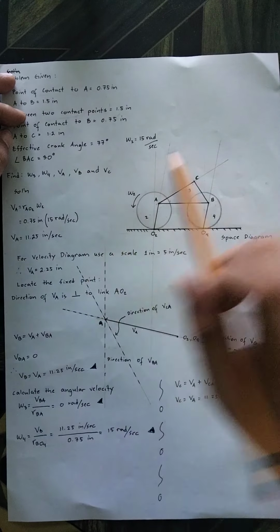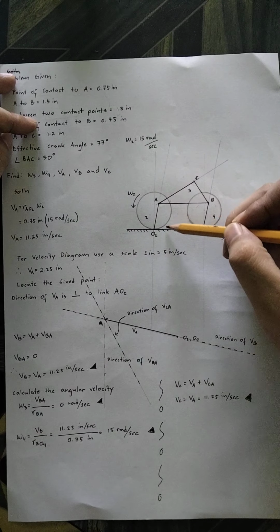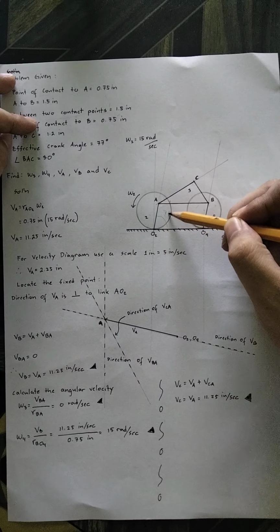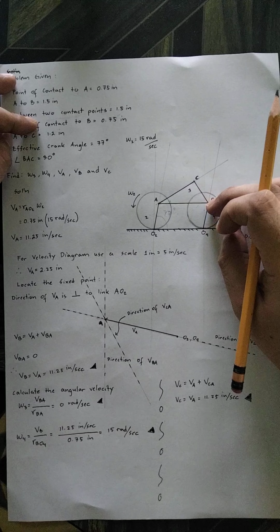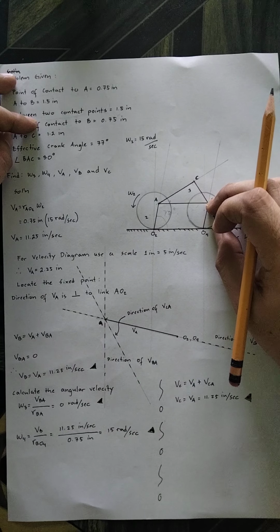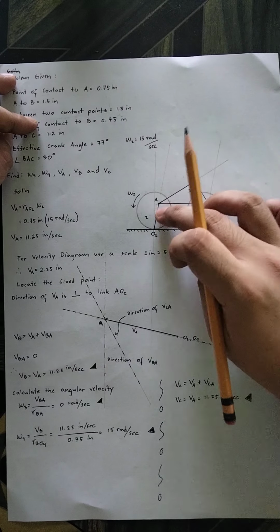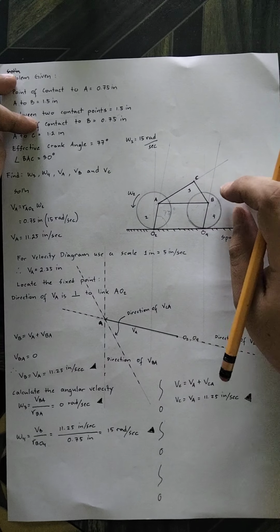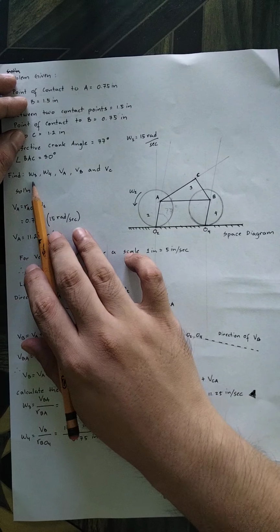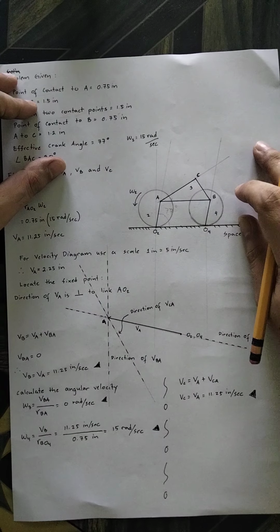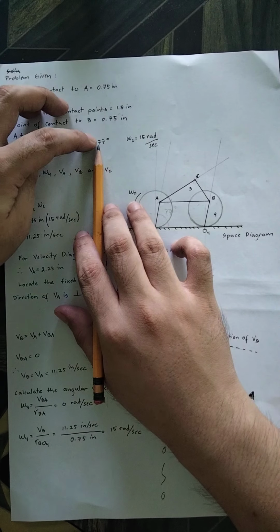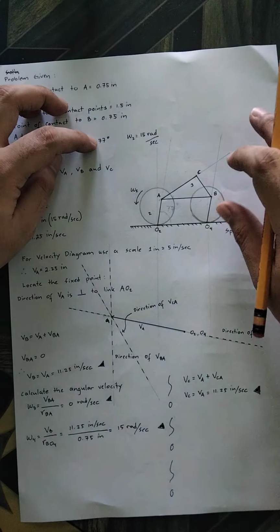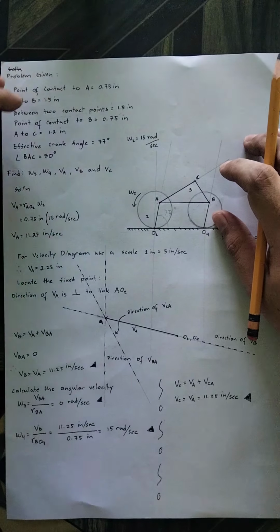Then the effective crank angle here is 77 degrees. Actually, this angle is used in identifying the direction of the element. But the problem only asked to determine the angular velocity and the linear velocity, so there is no need to calculate the direction of each element here.